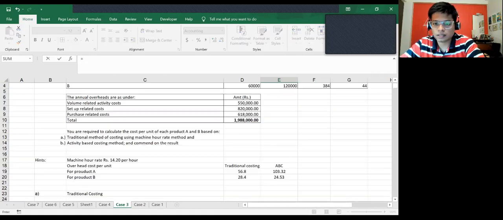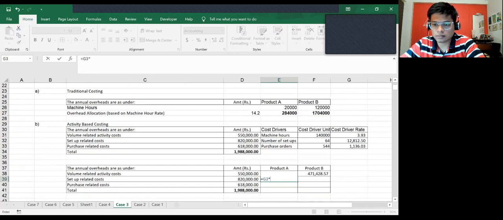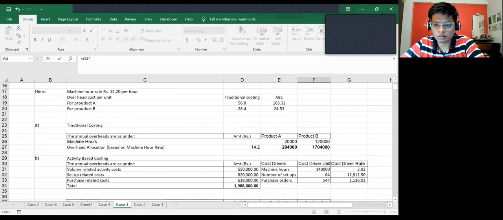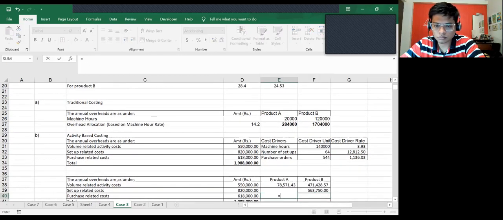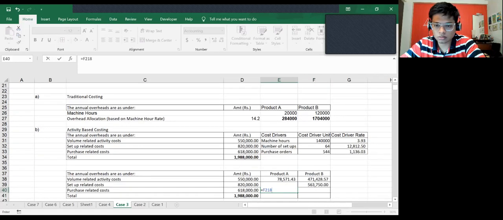In a similar way, number of setups into setup rate, again number of setups into setup rate, then purchase orders into purchase order cost. I guess you guys get the point.